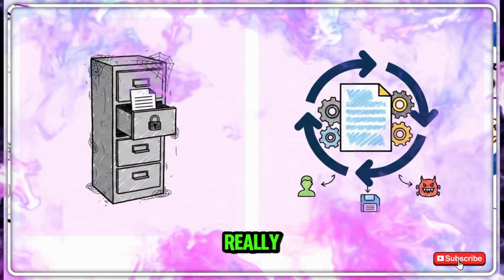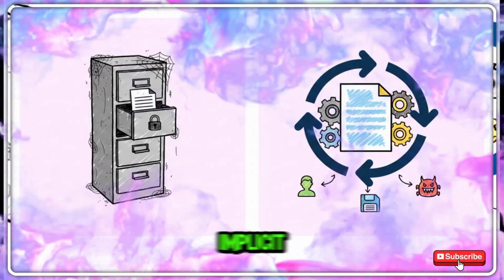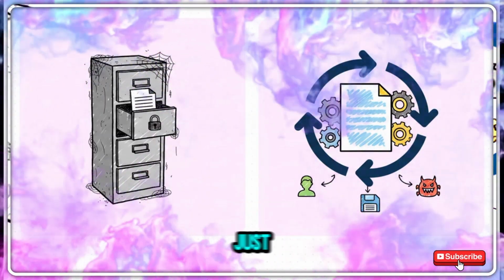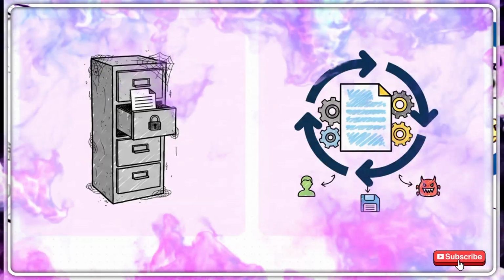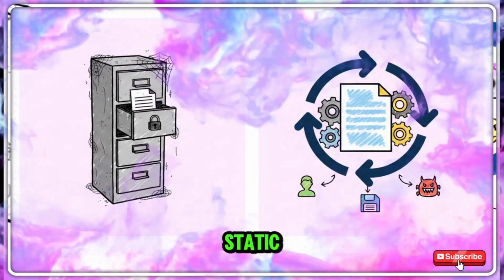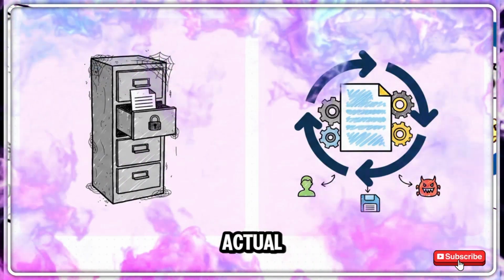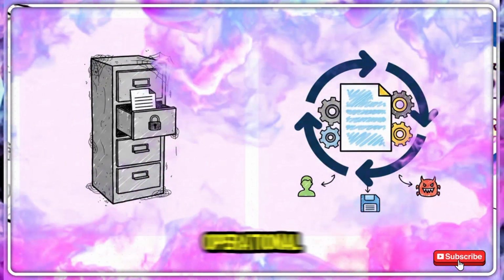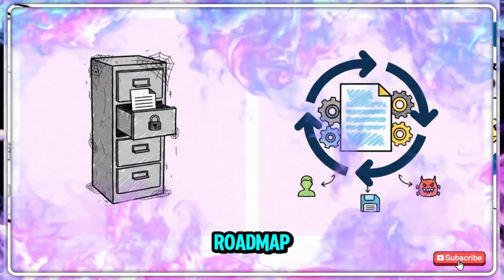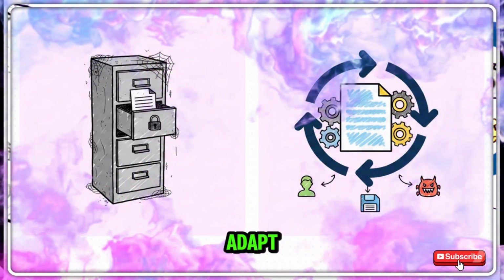Now, we really need to completely dismantle the implicit assumption that a WISP is just a stack of paperwork. The perceived WISP is a static, one-time regulatory compliance document. But the actual WISP? It's a dynamic, operational risk roadmap. It absolutely must adapt continuously.